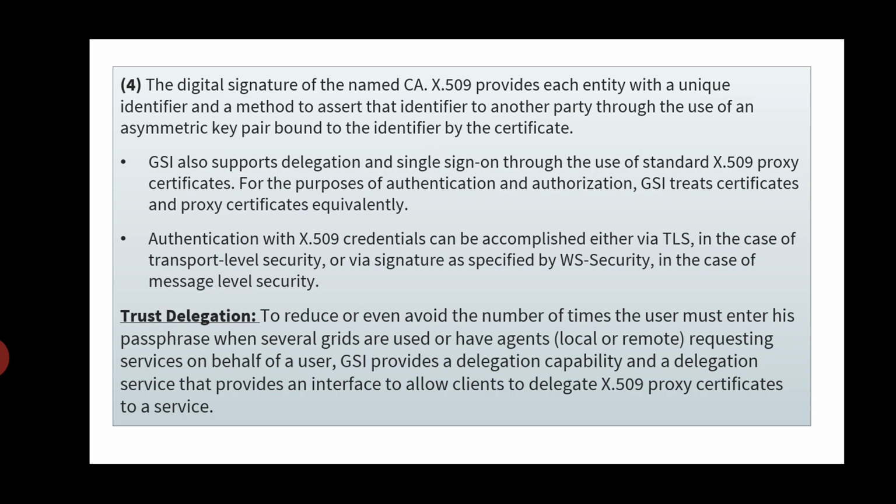Grid security infrastructure uses the secure sockets layer, SSL, for its mutual authentication protocol. It is described as a mutual authentication scheme, for example, between one person named Alice and a second person named Bob.